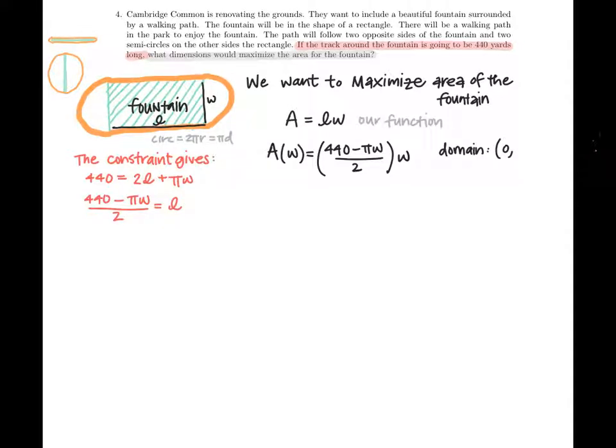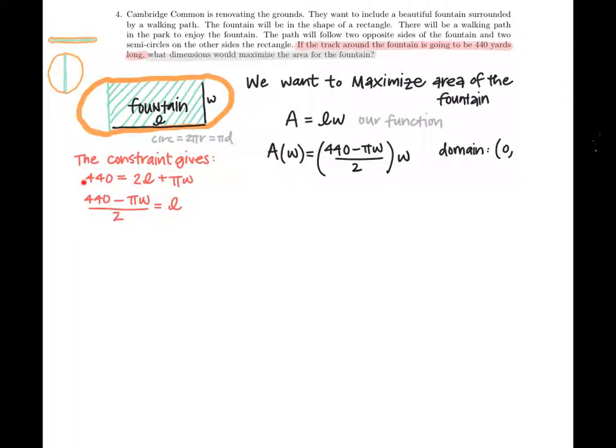Similarly, L itself cannot be 0, just like W cannot be 0, because then the fountain would cease to exist. But in order for us to find this upper bound, it's not going to be inclusive, just like the lower bound was not inclusive. But we're looking for the scenario where L is 0. What would W have to be?